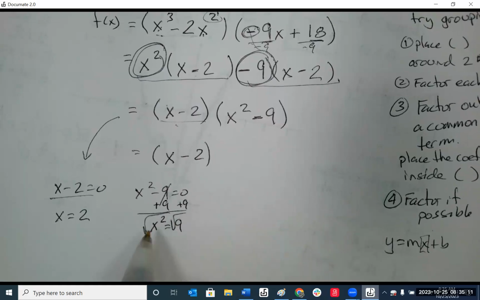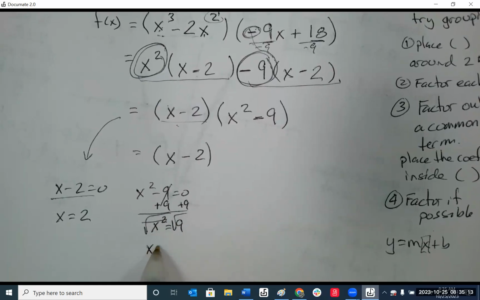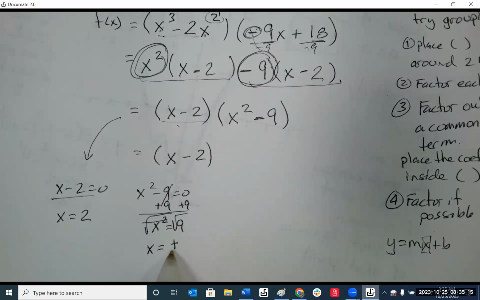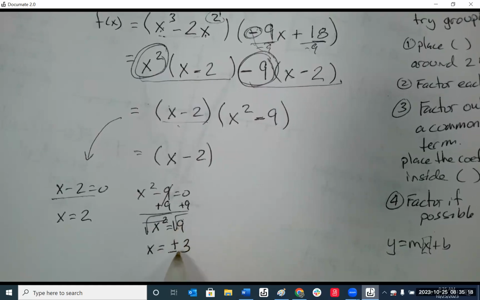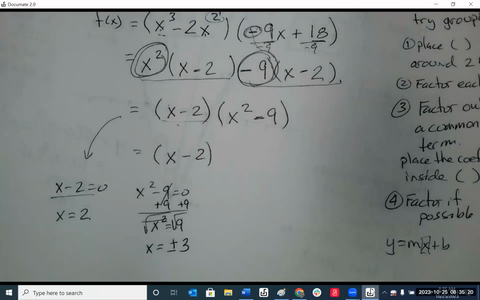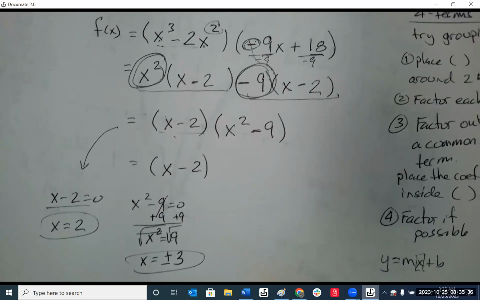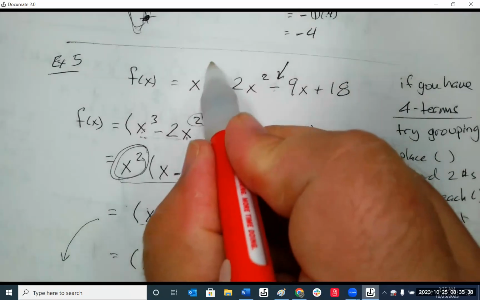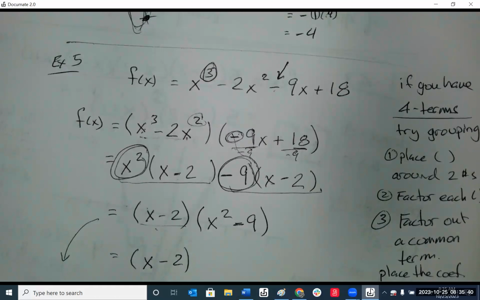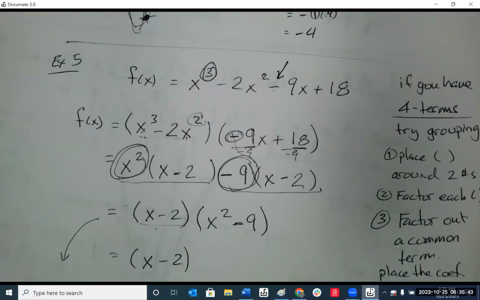Square root both sides. So x equals plus or minus the square root of 9, which is 3. So these are our 3 intercepts. How do we know we're supposed to have 3 answers? The degree tells us how many answers we're supposed to have.